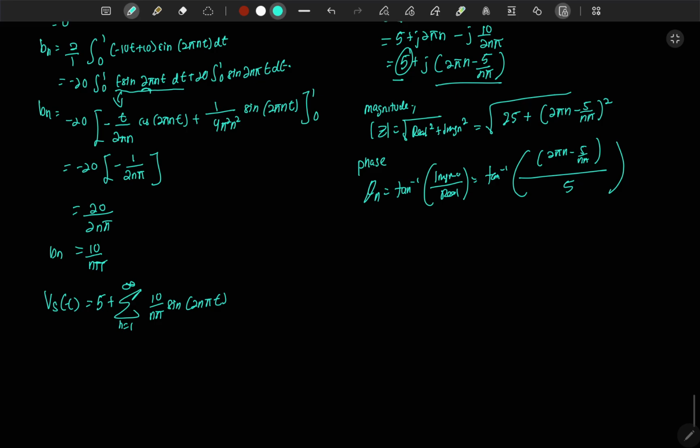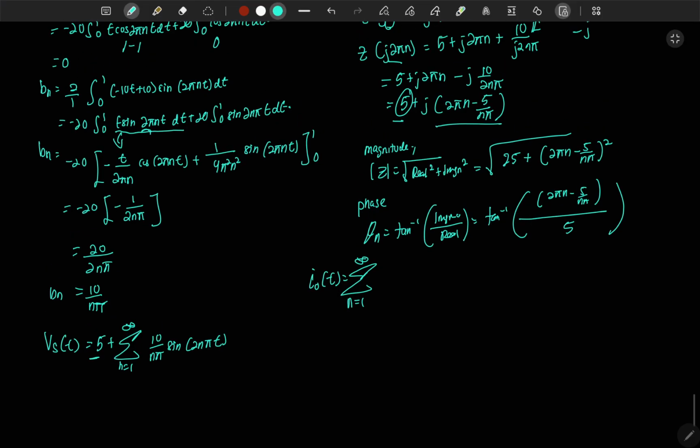Now how do we write it? We are going to write i of t. For the DC harmonic, we didn't get anything, it's 0, so we just leave it. Now for the AC harmonic, we have the magnitude. Before that, we write this 10, which is the amplitude.